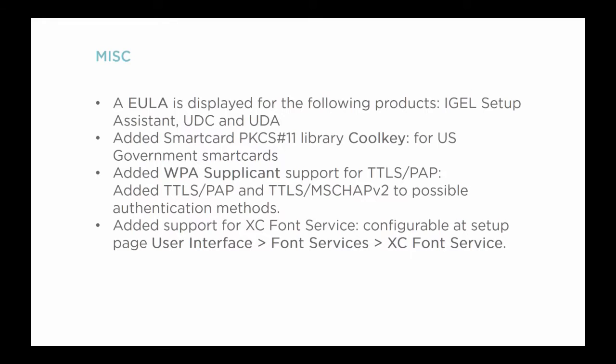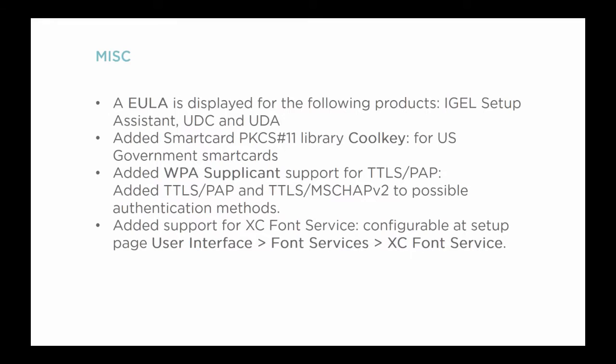We've added a smart card PKCS number 11 library, which you need for use with US government smart cards. It's called CoolKey. You needed to load that specifically in previous versions, and now it's just one of the libraries you can pick from.